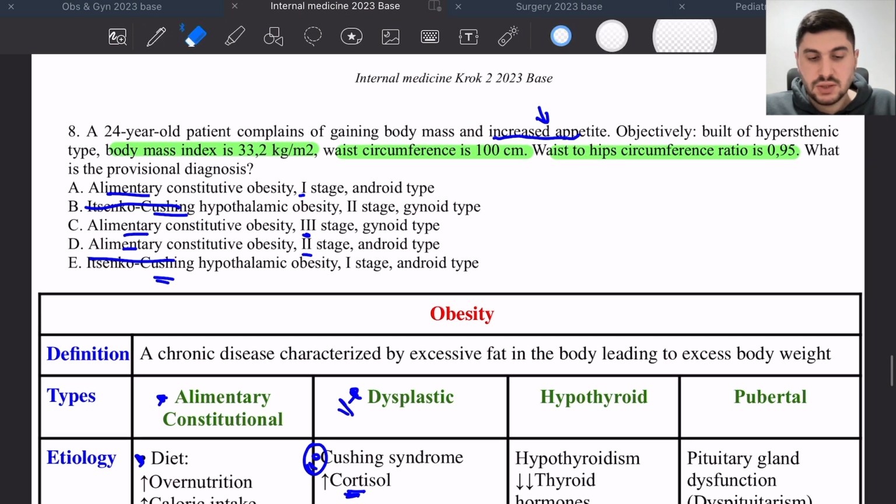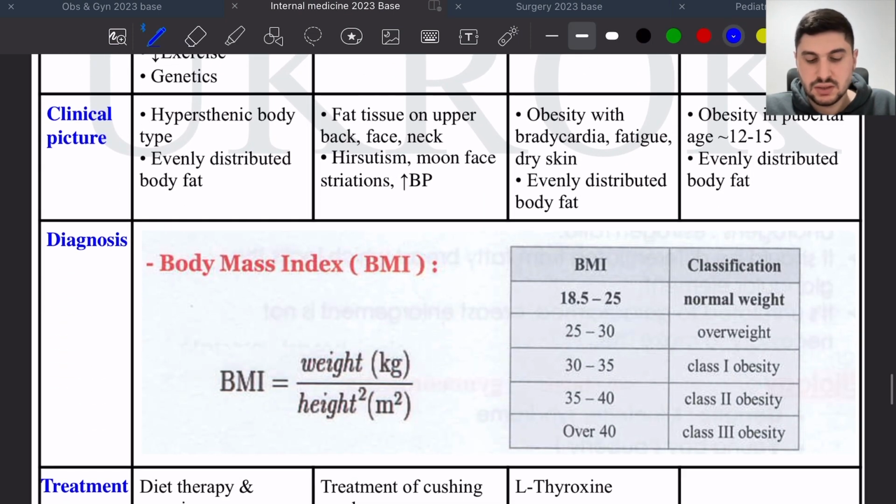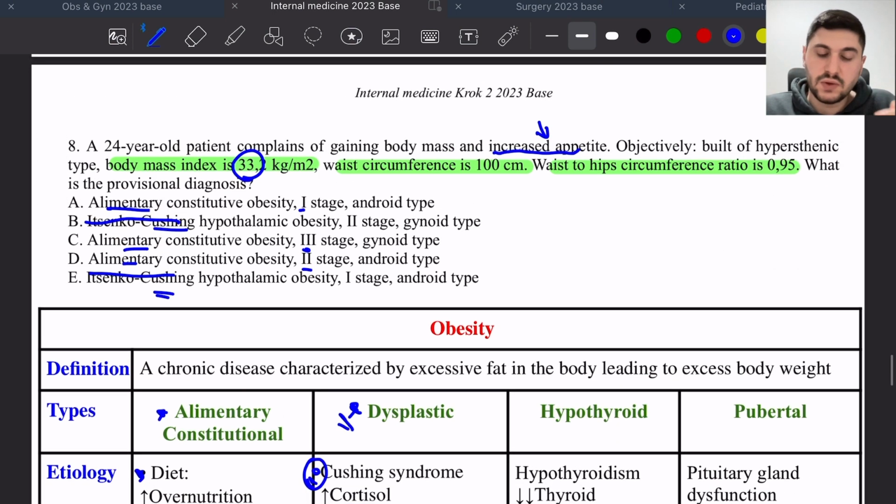In this patient, they gave us that the body mass index is 33. Okay, so it's 33. 33 is class 1 obesity. Normal weight is between 18 to 25. Overweight 25 to 30. Class 1 obesity 30 to 35. So this patient has class 1 obesity.